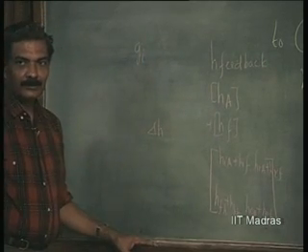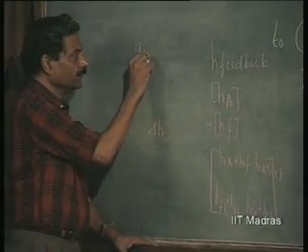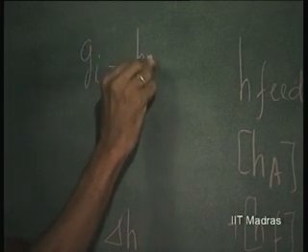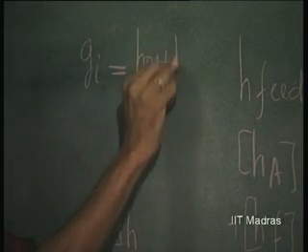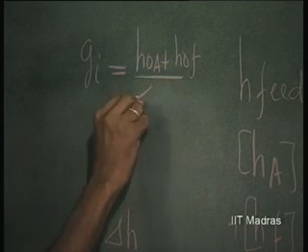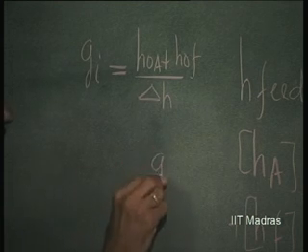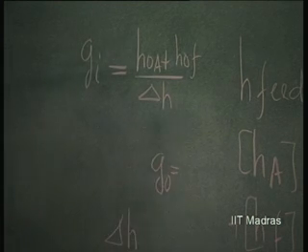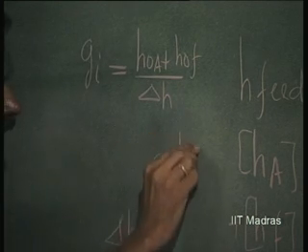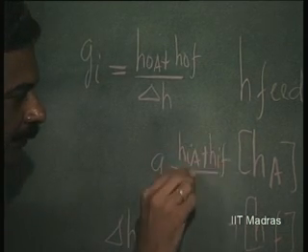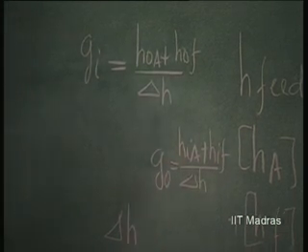Okay. What will be the G I? G I is going to be H naught A plus H naught F divided by delta H. G O is going to be H I A plus H I F divided by delta H. What is delta H?